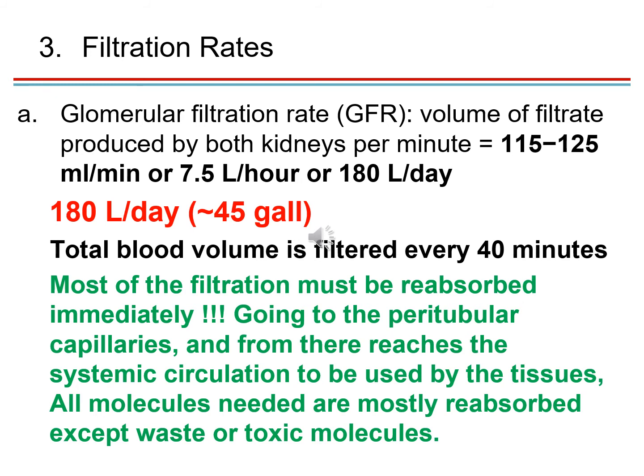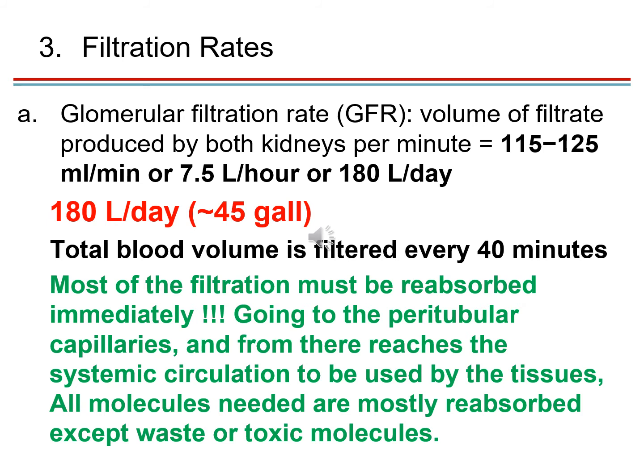In other words, we filter 180 liters per day under normal circumstances in our urinary system. That is equivalent to 45 gallons per day. It's the same 5.5 liters of blood that is filtered every 40 minutes.